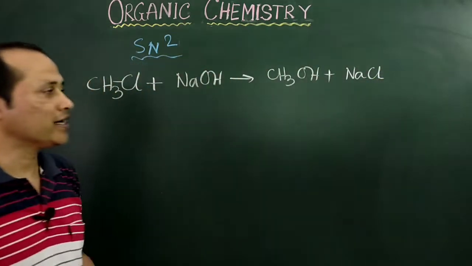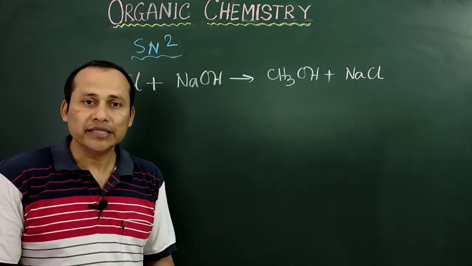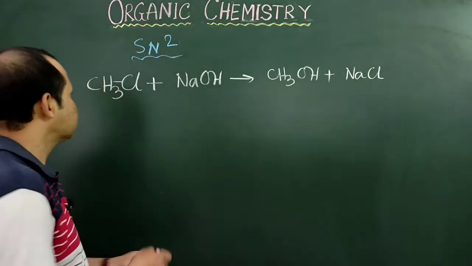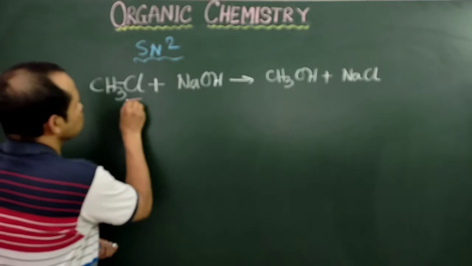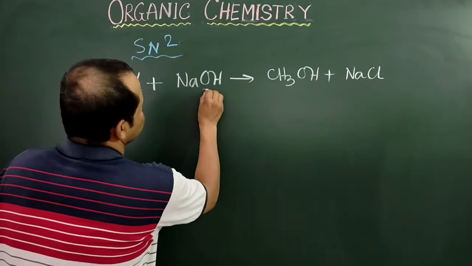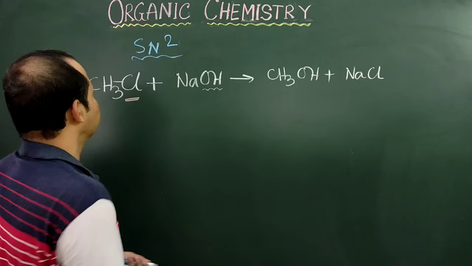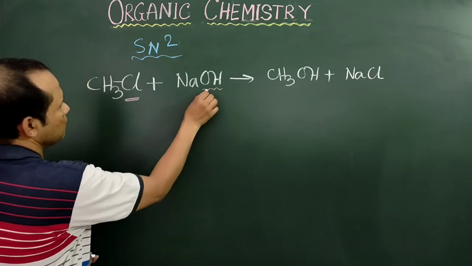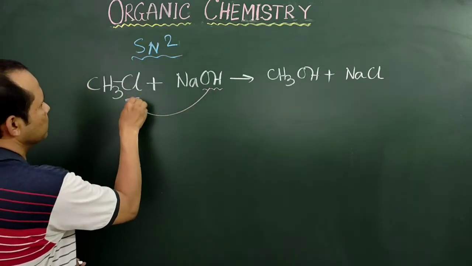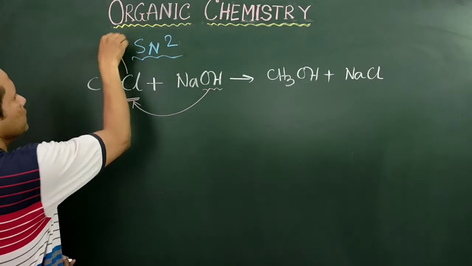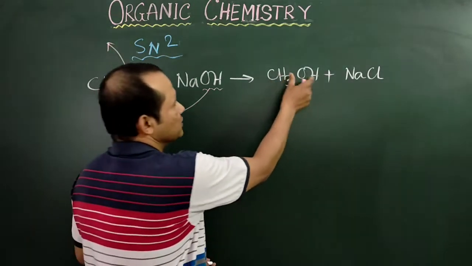Now look at the reaction. If you see, you will find this chlorine is being replaced by the OH group. So Cl is being replaced by OH, producing this.